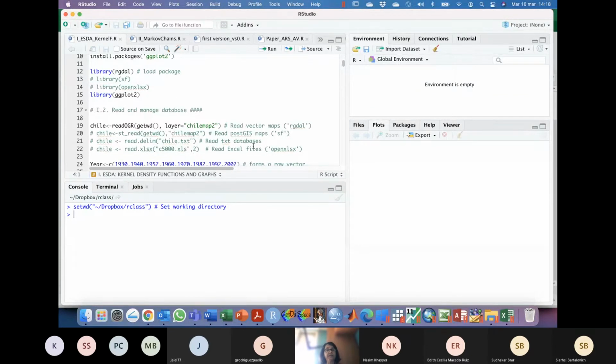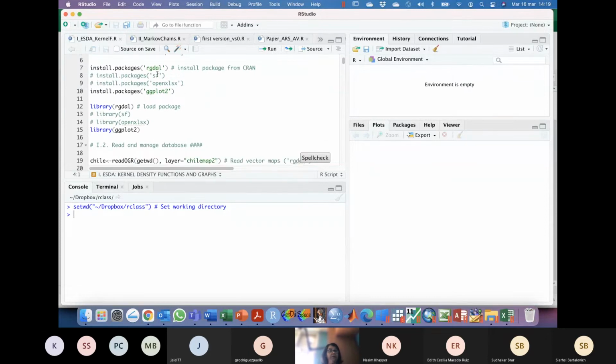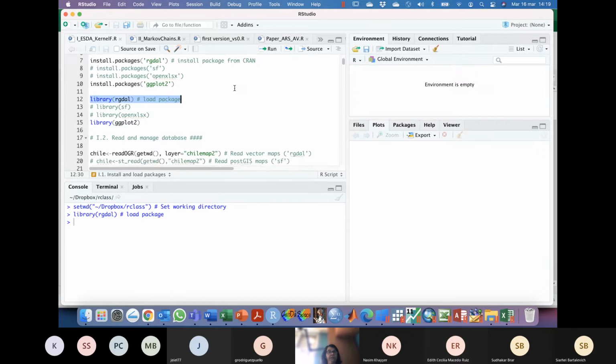To read TXT databases, the packages in base software are enough. To read Excel files directly, you should install the openxlsx package. For me, the only one I need is rgdal, because I have my database inside the map, and this is why I load this package, which I've already installed.